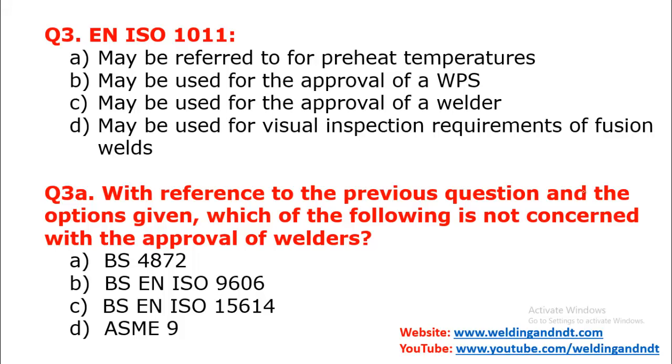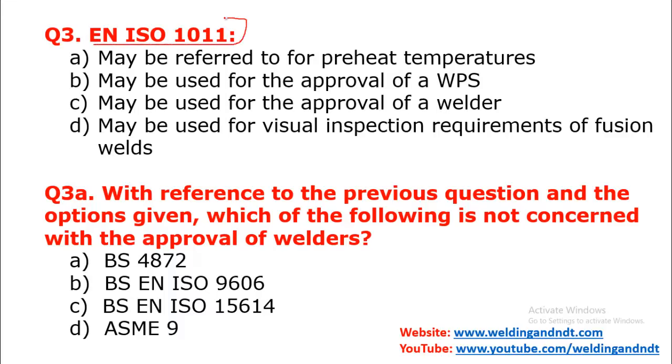Now question number 3. EN ISO 1011. Option A is may be referenced for preheat temperatures. Option B may be used for the approval of a WPS. Option C is may be used for the approval of a welder. And option D is may be used for visual inspection requirements of fusion welds. While explaining the preheat chapter and heat treatment chapter, I have explained about this also.